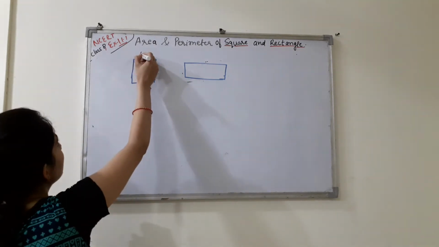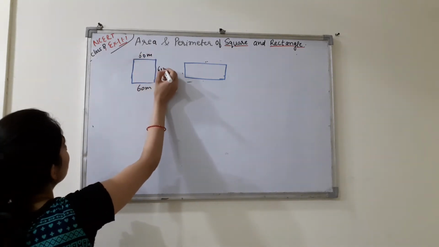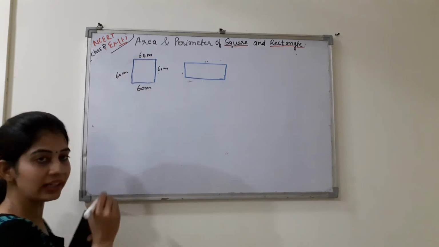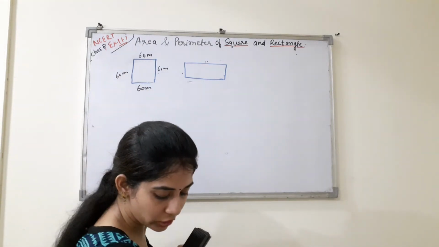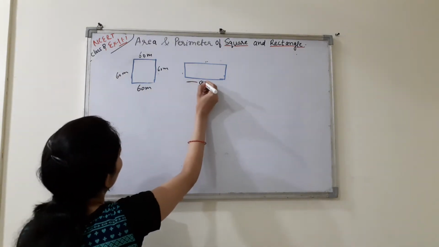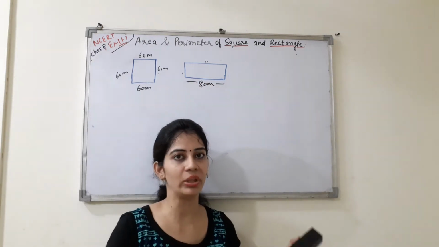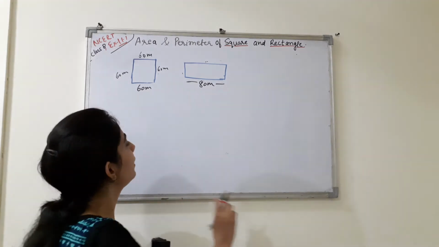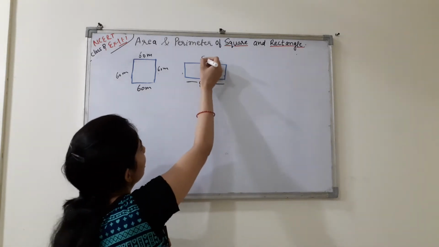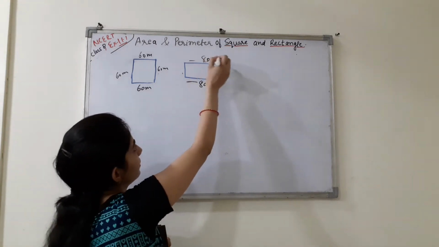It means all the sides will be 60 meters, right? Now in the rectangular field, you have been given only the length, and that is 80 meters. You have not been given the breadth here. Now see, if it is 80 meters then it will also be 80 meters, right?